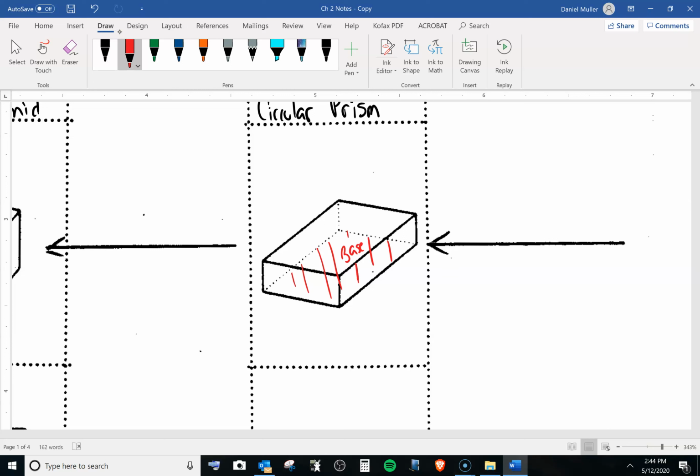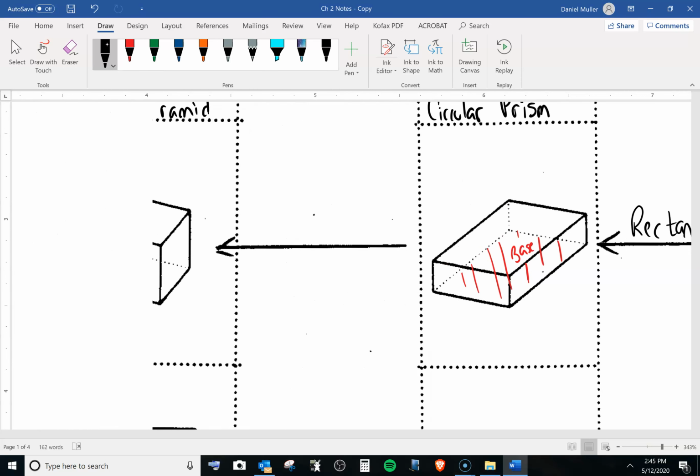So we're going to call that a rectangular. Does it come to a point? Nope. So we call that a rectangular prism. I've just realized here that I've kind of written these in the wrong spot, so let me just write this here. Rectangular prism. Because the base is a rectangle and it just continues on to whatever shape that it is.